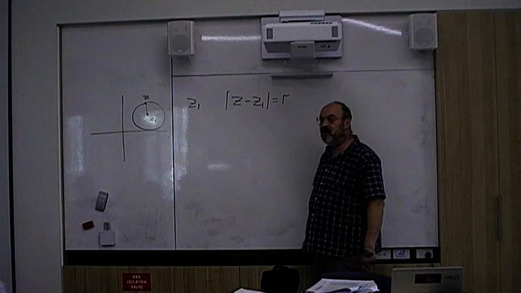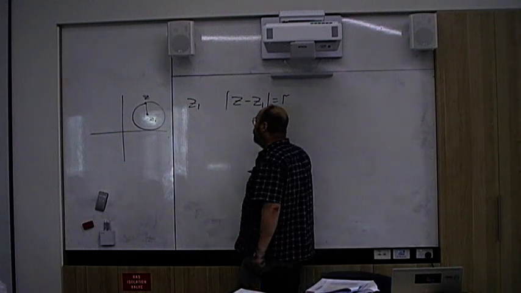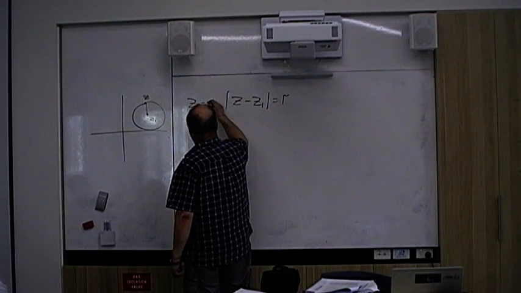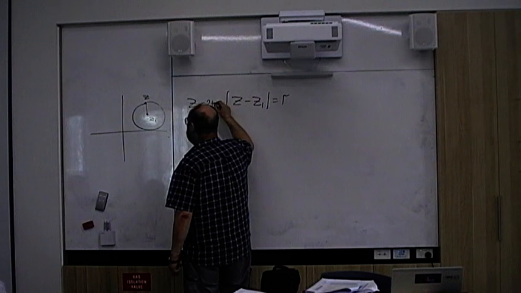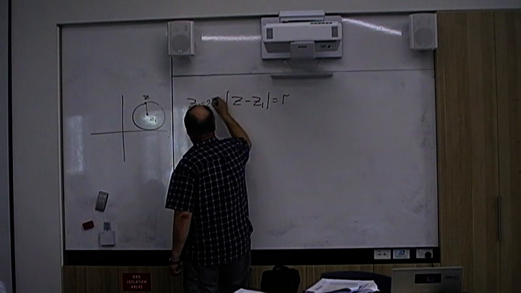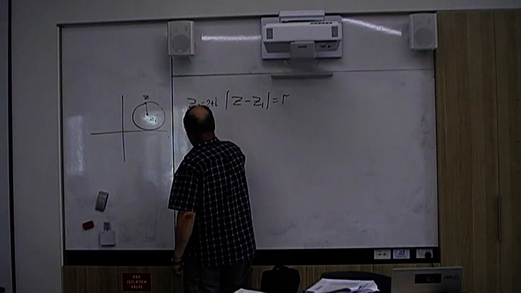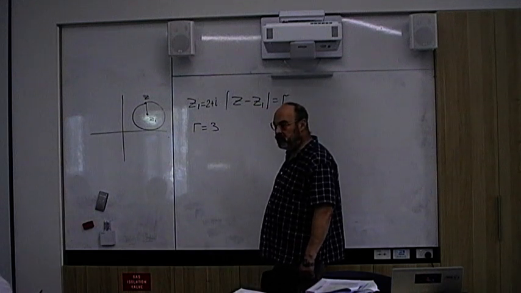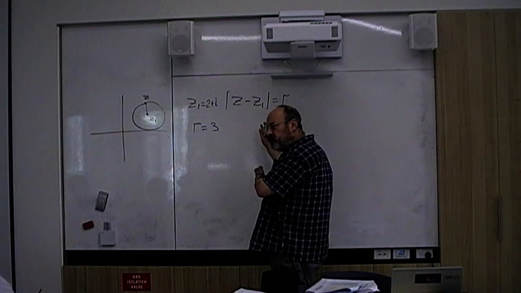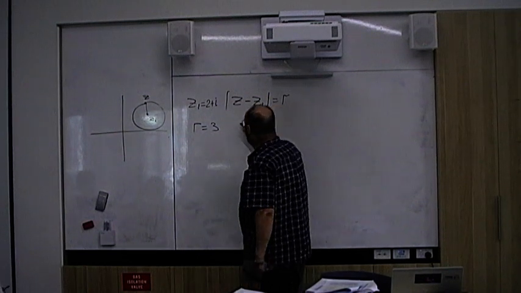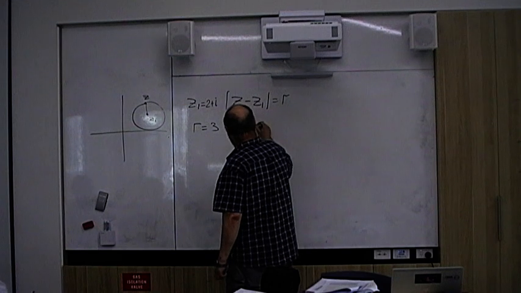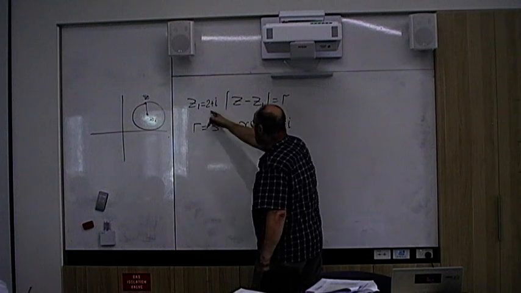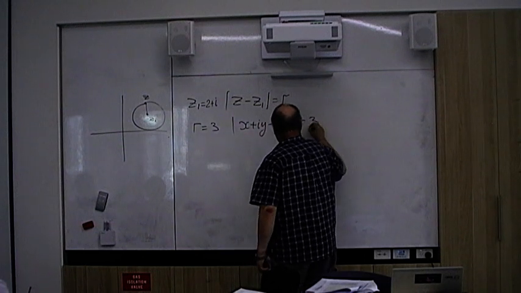So let's find the Cartesian equation of the circle if we have Z1 equal to 2 plus i, and R equal to 3. You can do it in methods; the methods way will be very similar to what we will be doing. We have the modulus of x plus iy minus 2 minus i equals 3.